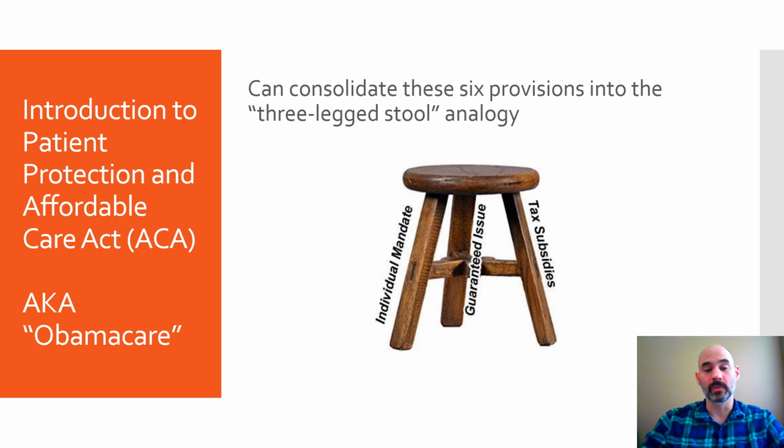So if we remove the individual mandate, then because of the community rating and the guaranteed issue, a lot of young, healthy people are going to say, look, the price of buying insurance is so much more than what I would expect to pay at my age.